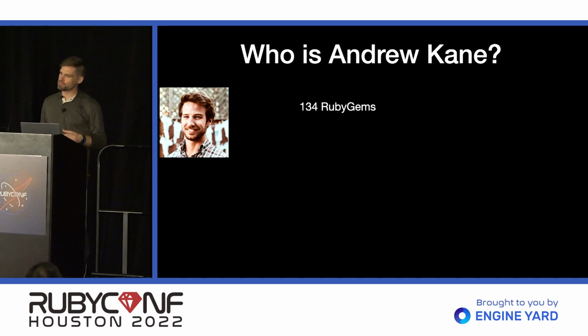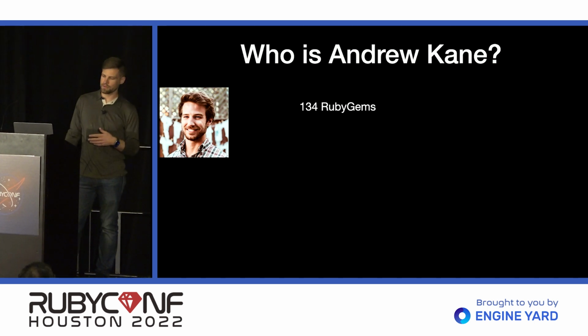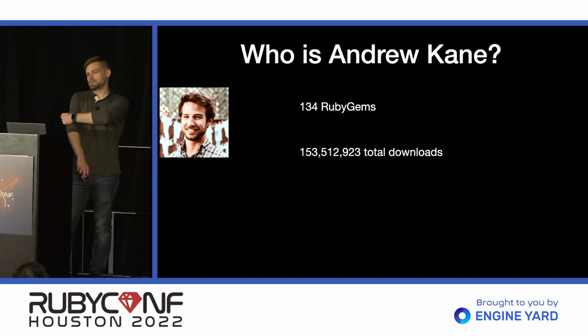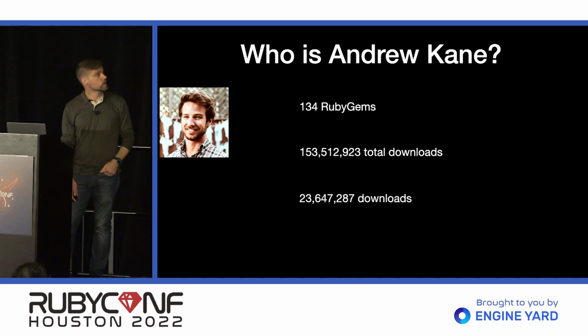But those are a lot of Rails core libraries like Rack and Active Support and Active Record. But to date, Andrew Kane has 153 million downloads for projects that seem to be mostly his contributions. His top downloaded project has 23 million downloads.